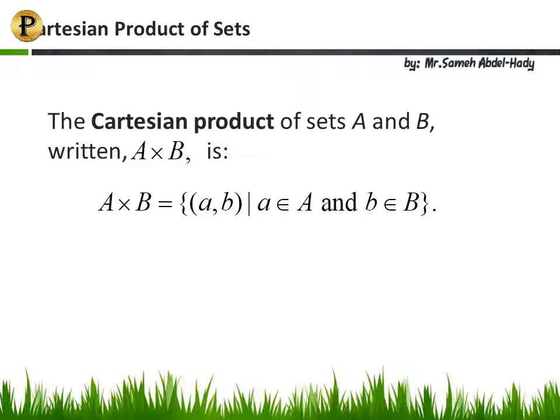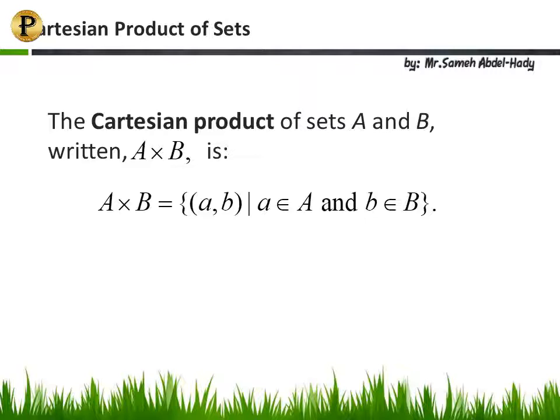The definition is the Cartesian product of sets A and B, written as A times B. A and B are written as capital letters, because A is the set name and B is the set name. And small a and small b are element letters.